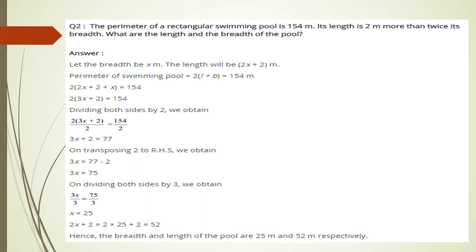Rectangular swimming pool means the swimming pool is in rectangle shape. The perimeter of the rectangular swimming pool is 154 meters. Its length is 2 meters more than twice its breadth. Children, carefully observe this.